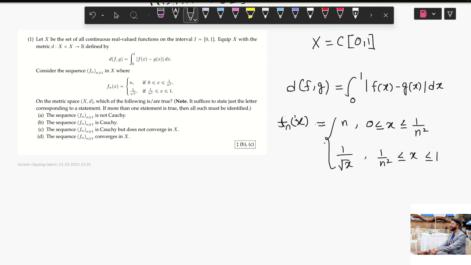So this is the sequence. Now we need to check whether this sequence is Cauchy or not, whether this sequence is convergent or not.